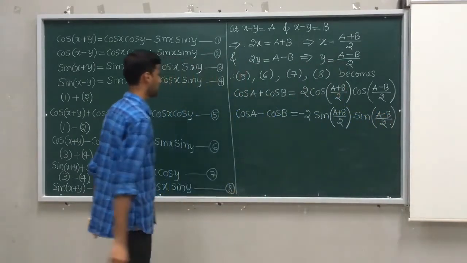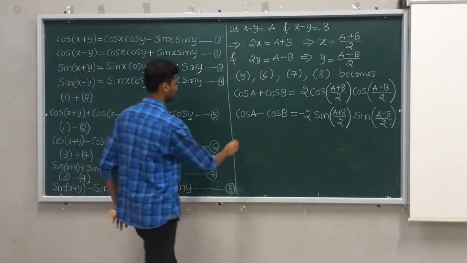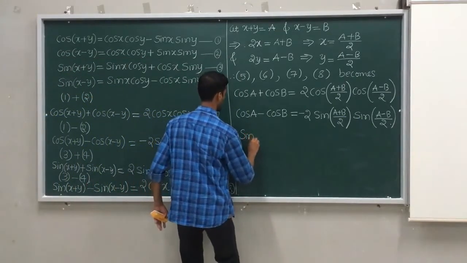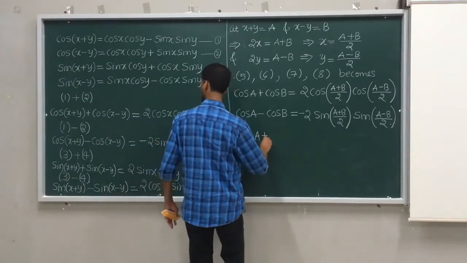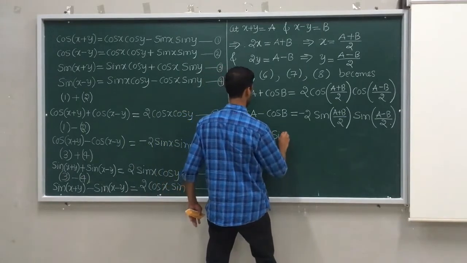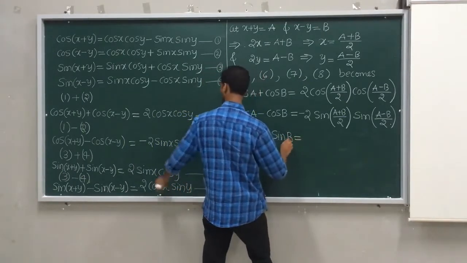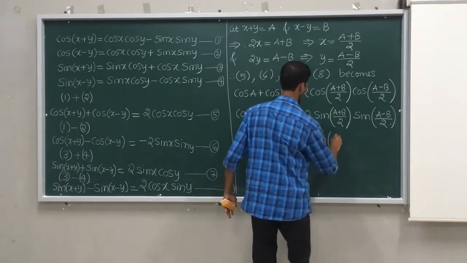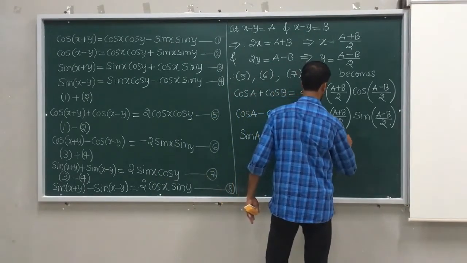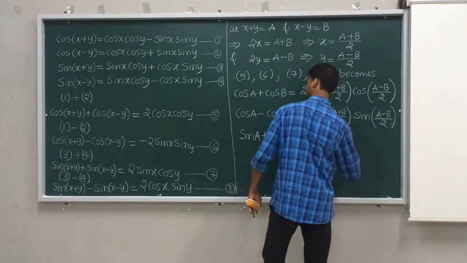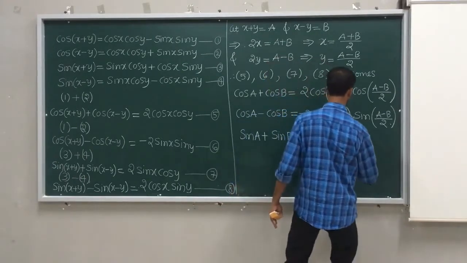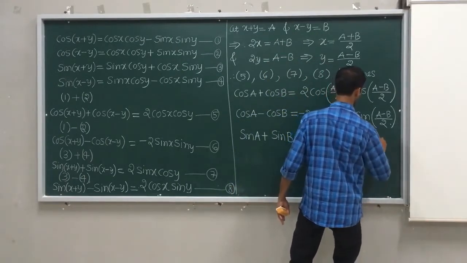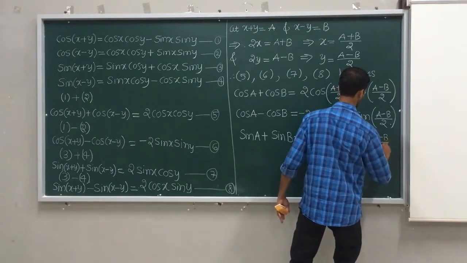Then equation 7 becomes sin a plus sin b is equal to 2 times sin a plus b by 2 cos a minus b by 2.